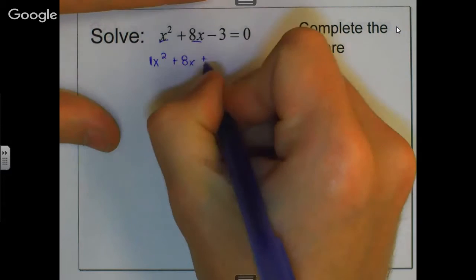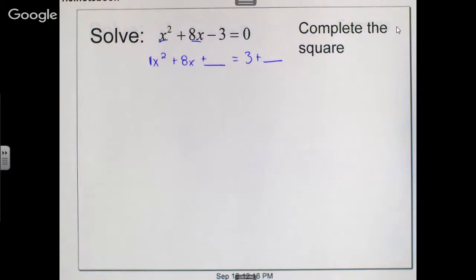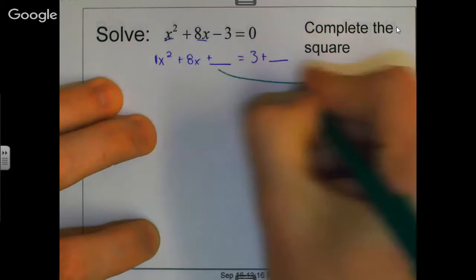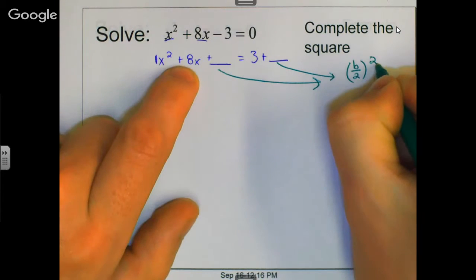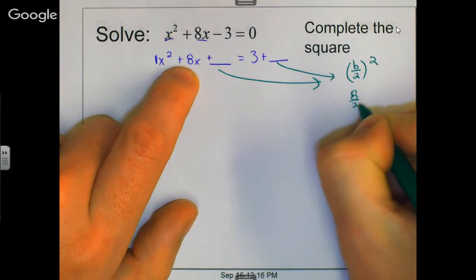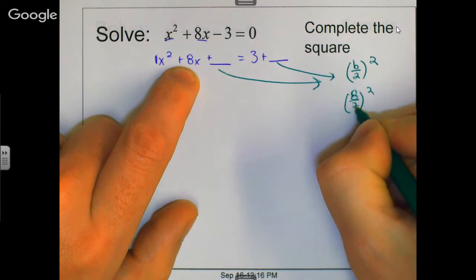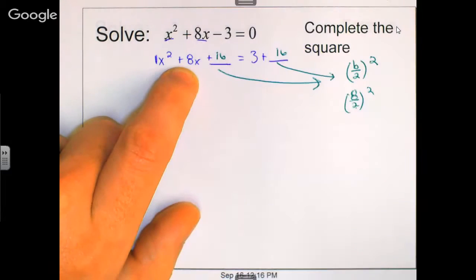So plus blank is 3 plus blank. Now, how do I know what goes in this blank? What goes in there? That is going to be b divided by 2 squared. So 8 is b, so we'll say 8 divided by 2 squared, which 8 divided by 2 is 4. 4 squared is 16. So we'll put 16 there and there.